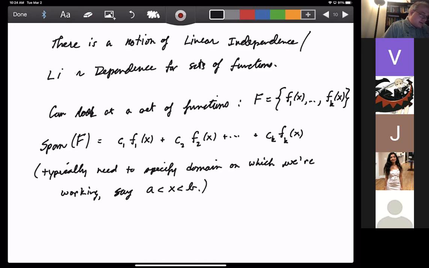So certainly we can build linear combinations of functions. And the idea of linear independence and dependence is exactly the same as we had for the columns, right?